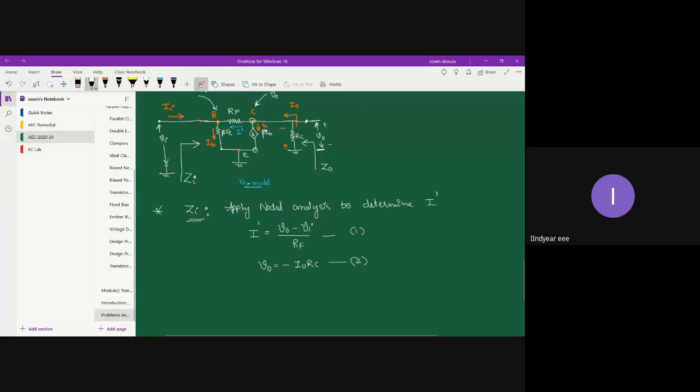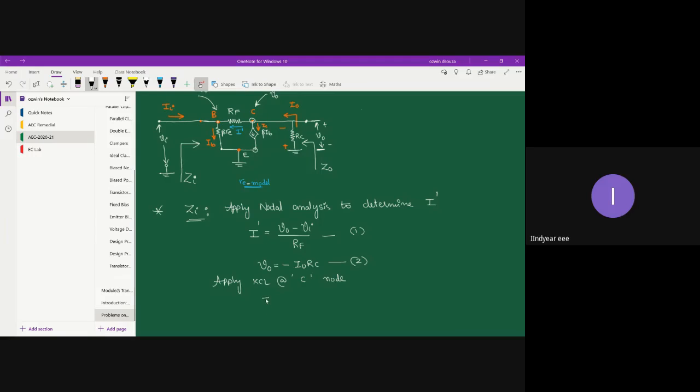You can also apply KCL at the collector node. When we apply KCL at the collector node, what do we get? The incoming current is I naught, and the outgoing currents are IC and I dash.